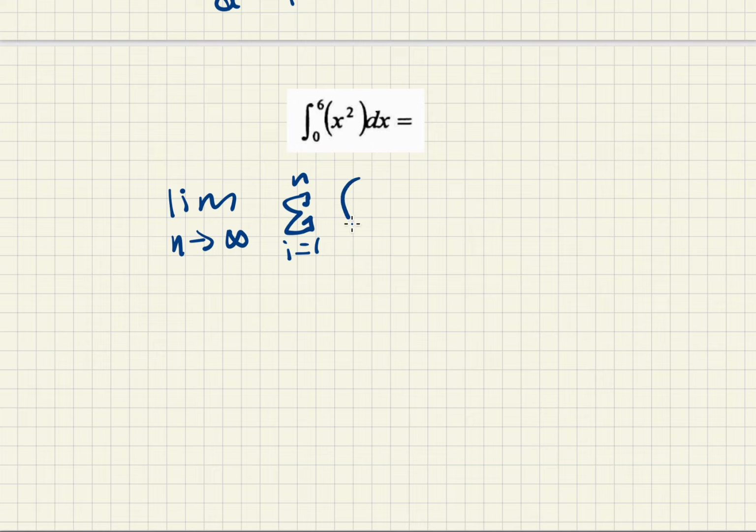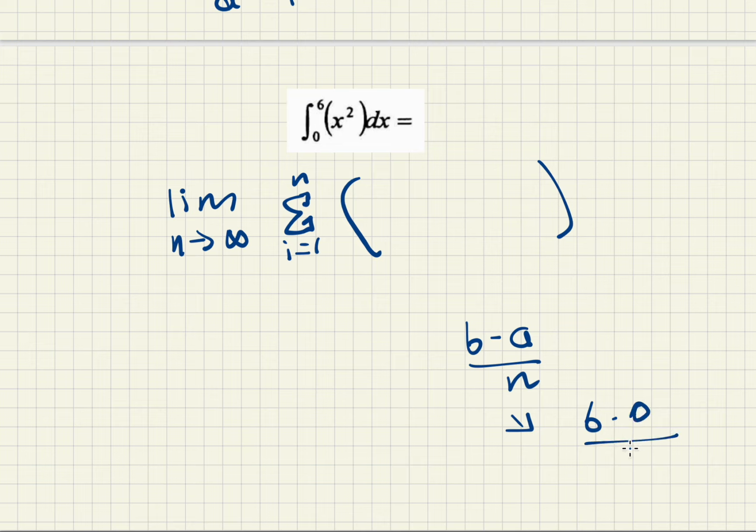And now all we have to do is find the height first, so we can add that at the end. b minus a over n. I'll write it again. And so using this formula, we get 6 minus a, which is 0, over n. 6 over n is our height. So we can add this to the end. That is our height.